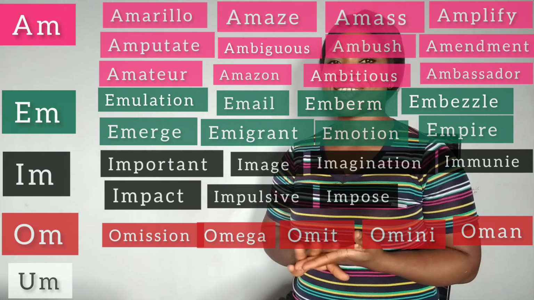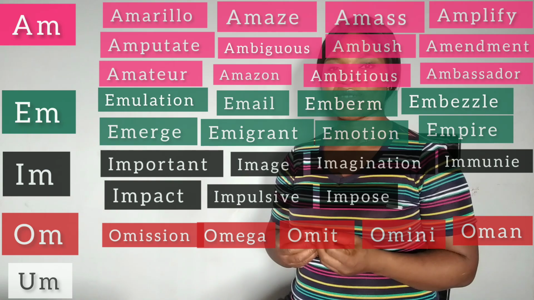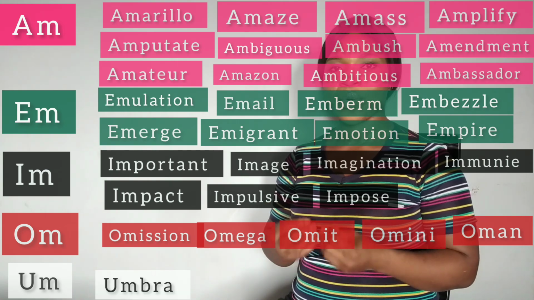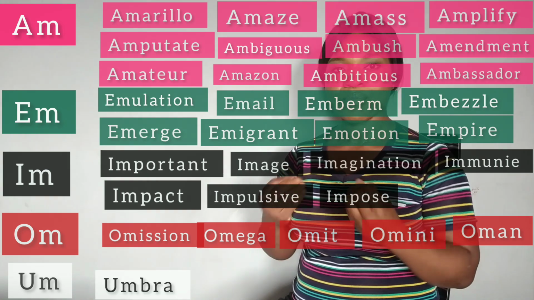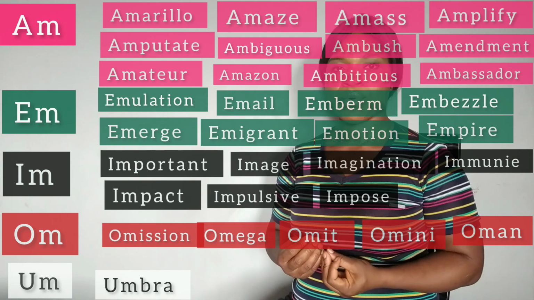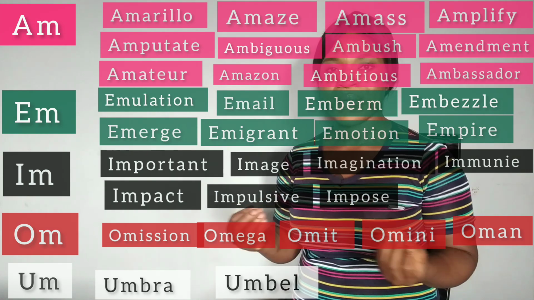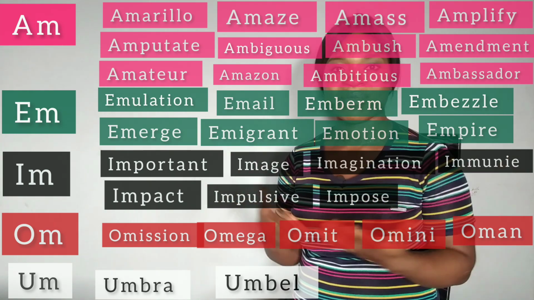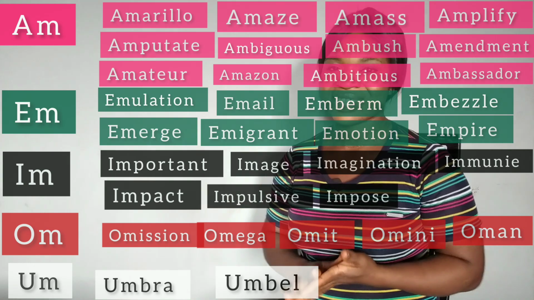Now let's see the next one. So this next one, the sound, we have the umbra, umbel. We don't have much words we are familiar with for this one. So let's move to the next one.